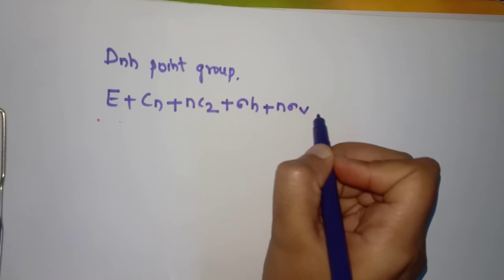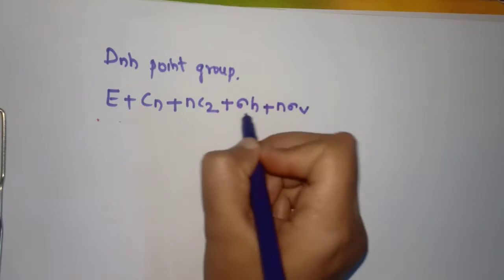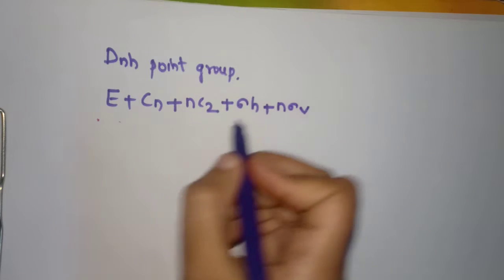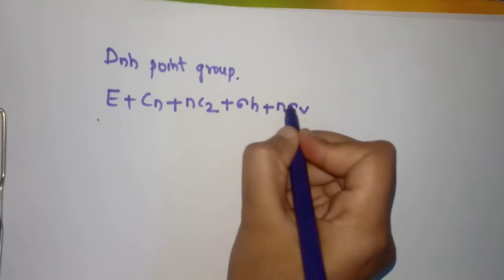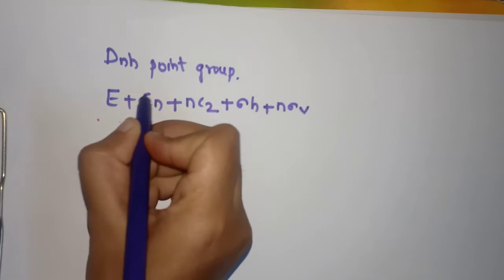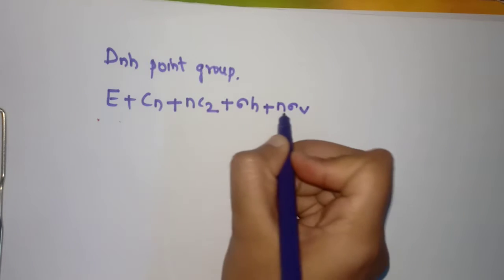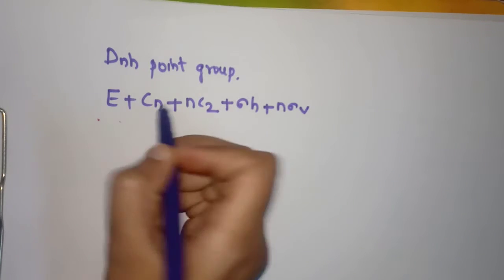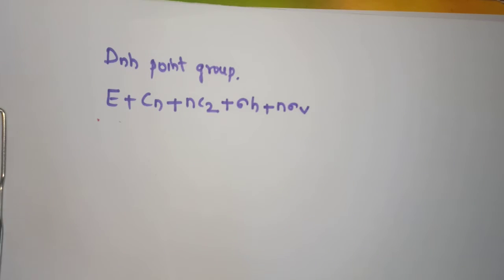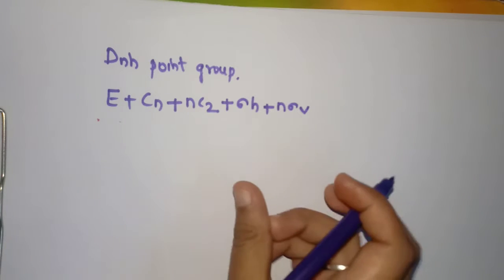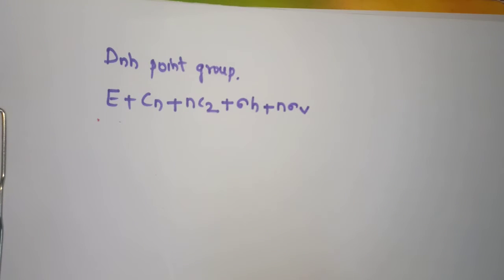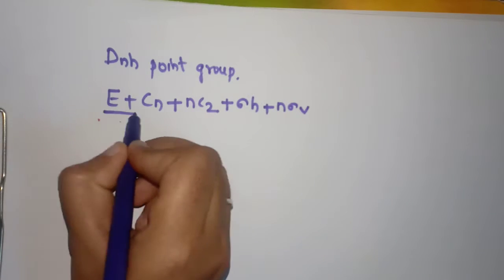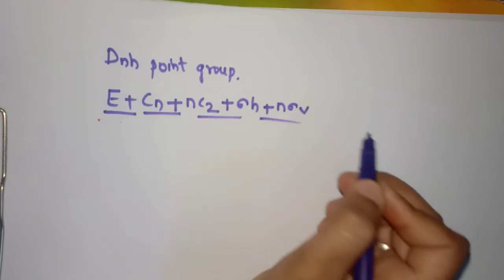In addition to this sigma h, sigma v is present. See here, nC2, n sigma v. That means if C3 is present, 3 sigma v will be present or 0 sigma v. If C4 is present, 4 sigma v or 0 sigma v will be present. This is the trick. Now these are the symmetry elements present in the Dnh point group.